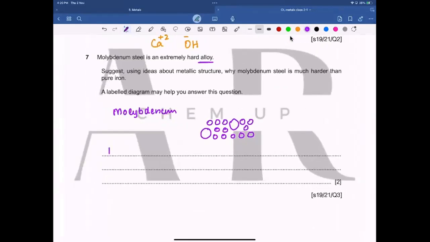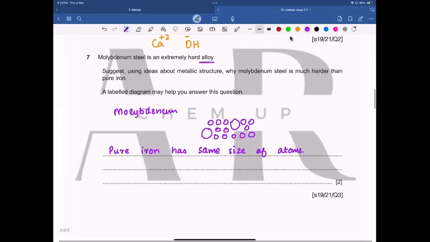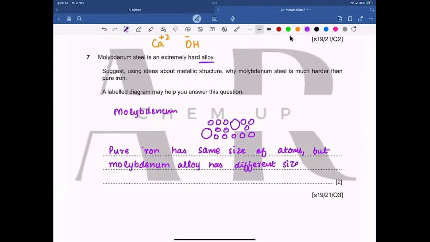If it's pure iron, we can say that pure iron has the same size of atoms, but molybdenum alloy has different size of atoms.